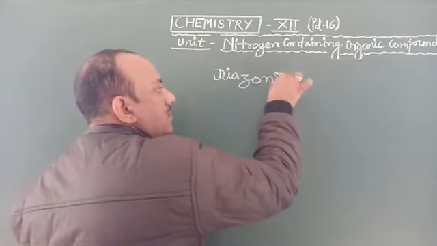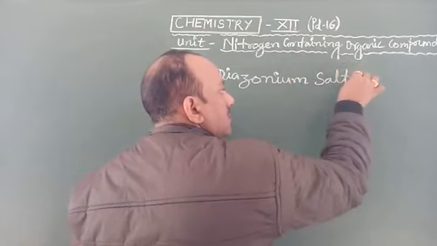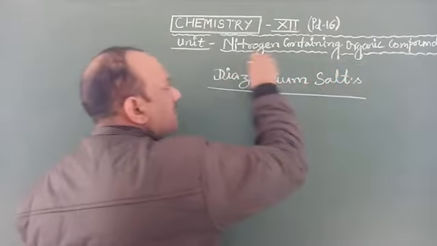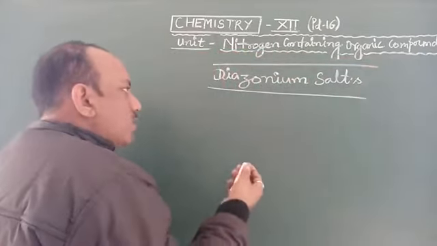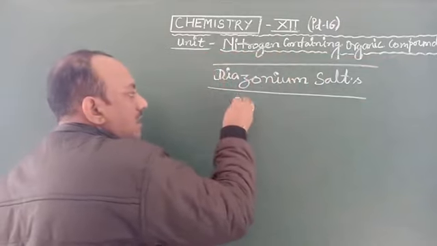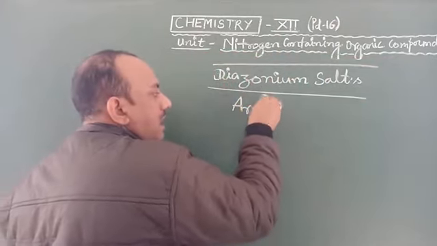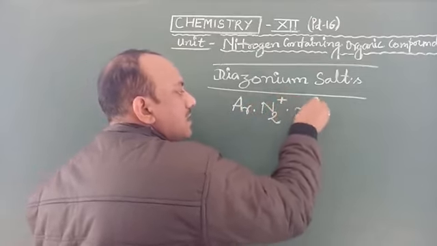Diazonium salts. The general formula of diazonium salts is ArN2X.